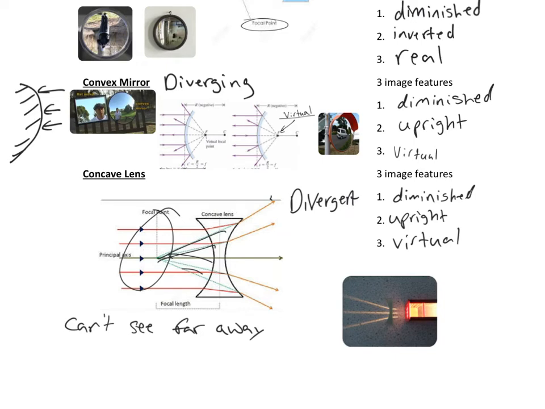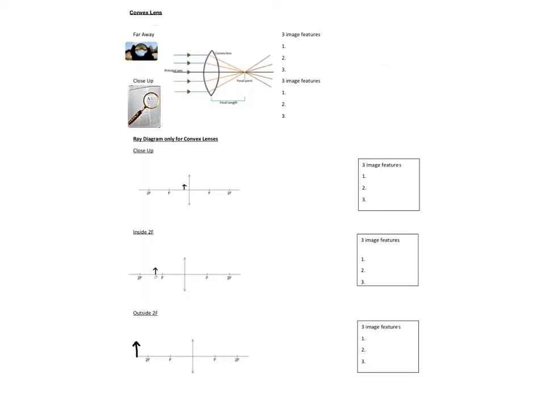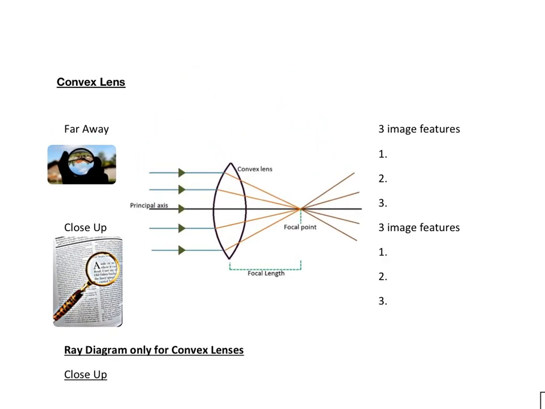If you have glasses, you can take them off and look at them. If the glasses are thicker on the edges than in the middle, then you have concave lenses.